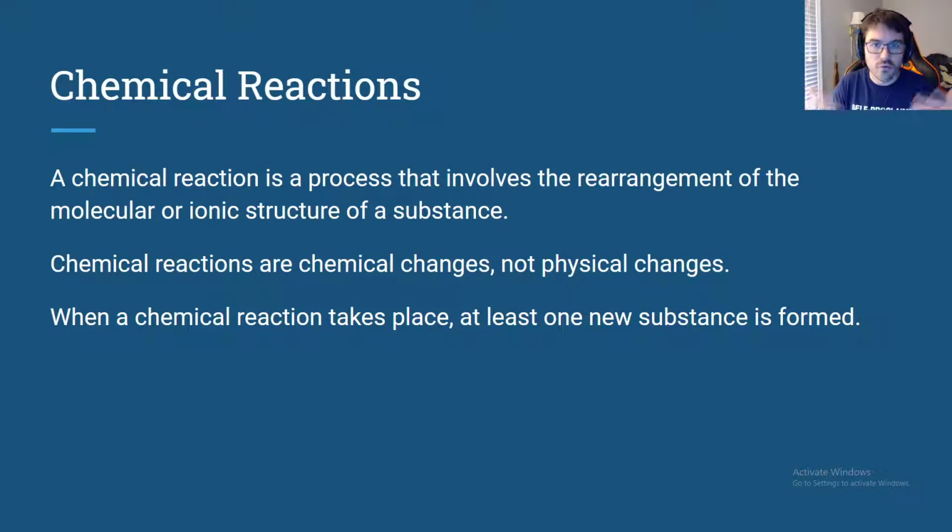That's still just water, right? But in a chemical change or a chemical reaction, you're actually making new things. Think of iron on a car rusting. The iron is actually changing into a new thing called iron oxide. It reacts with oxygen in the air. That is a chemical change, okay? And like I said before, when a chemical reaction takes place, at least one new substance is formed. This has to happen in order for it to be a chemical reaction.